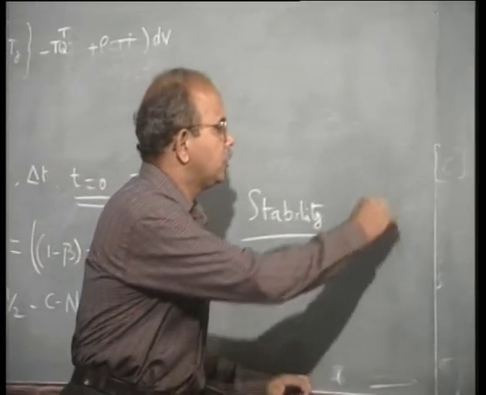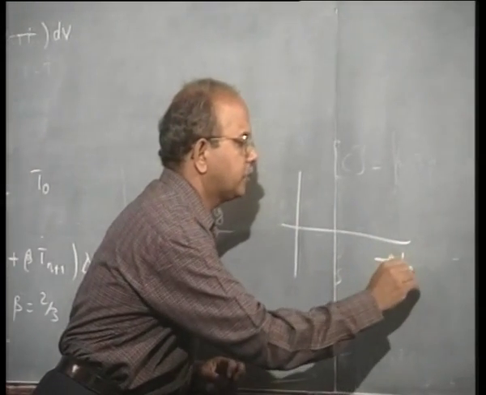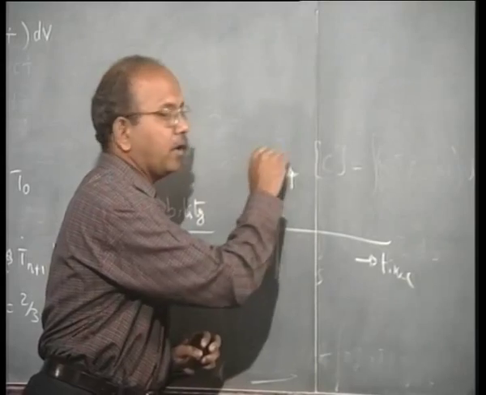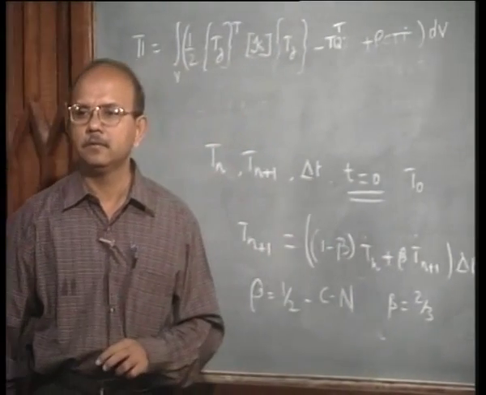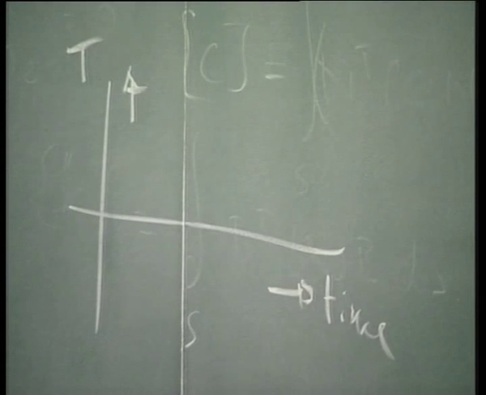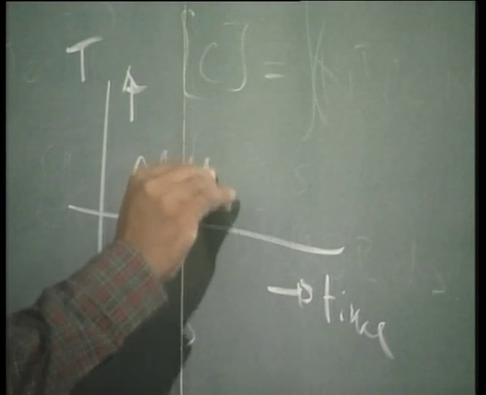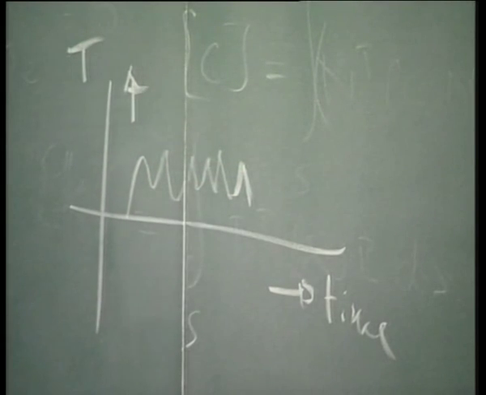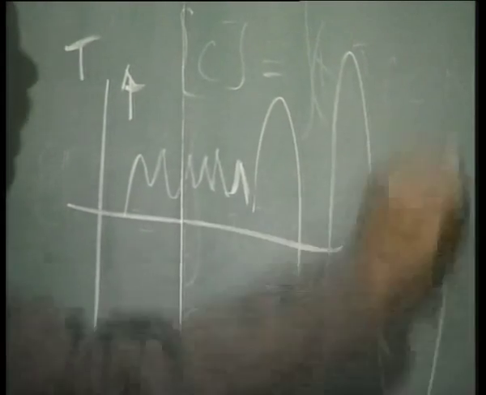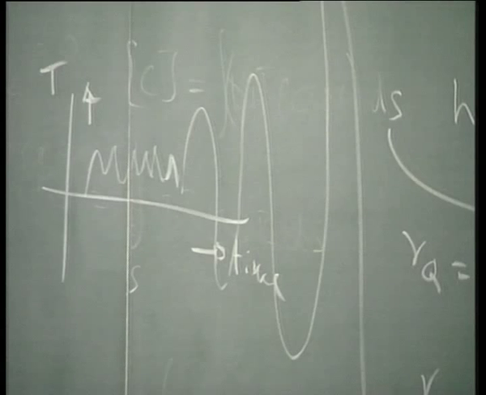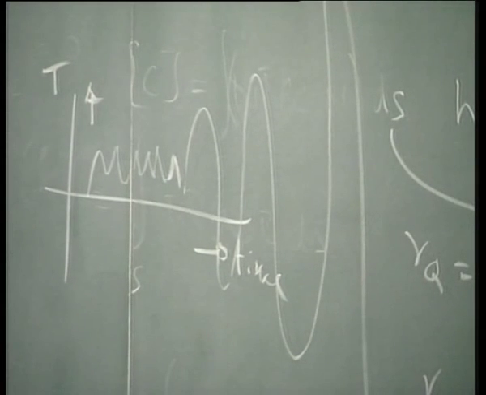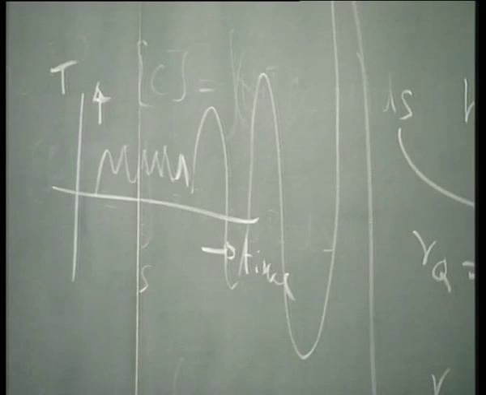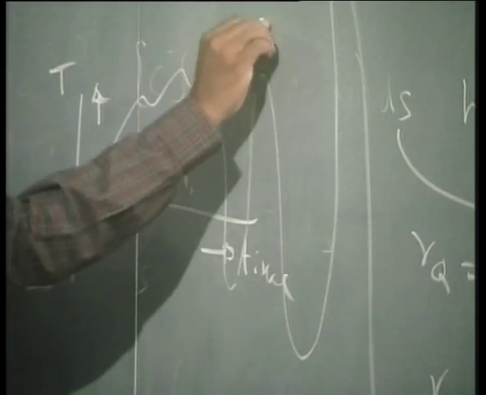Suppose, as I go along with respect to time, I plot the temperature. Okay? I start plotting the temperature with respect to time. Now, there can be some variation like this. This is what is called oscillation. The oscillation may now grow and become unbounded, or it need not actually oscillate like this, but it can oscillate like this and so on.